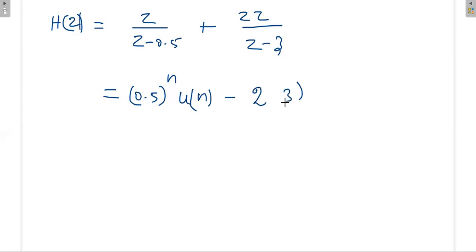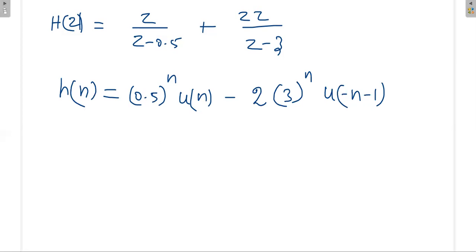Then 3 power n u of minus n minus 1. We know the standard formula: whenever the signal is left-sided, we'll have one extra minus here. So this is h of n. Again, in this process, the first term may be causal, the second term is anti-causal. Finally, this is a non-causal system.